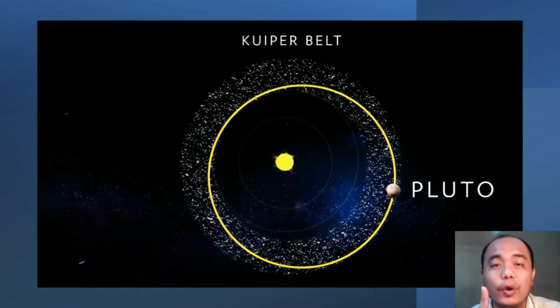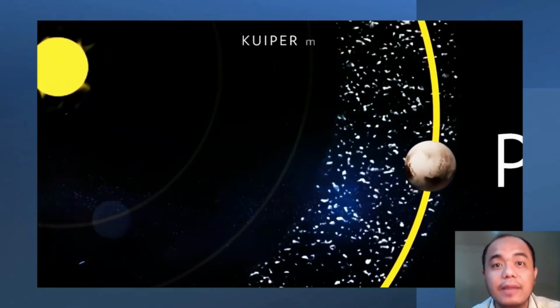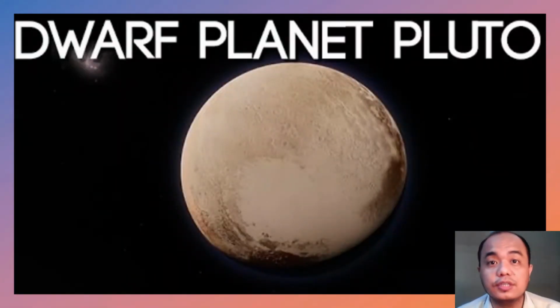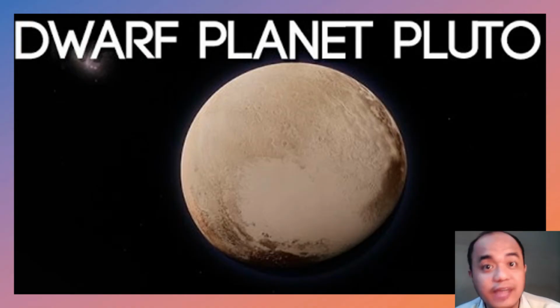So meaning, sa isang orbit niya, may posibilidad na marami itong kasama. Though planet Pluto is not considered a major or true planet, Pluto does meet the International Astronomical Union's criteria for being a dwarf planet. It revolves around the sun, it is not a natural satellite, and it has enough mass to be round in shape. So again, planet Pluto is now considered a dwarf planet.